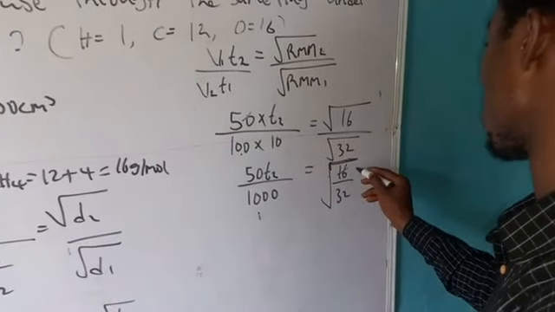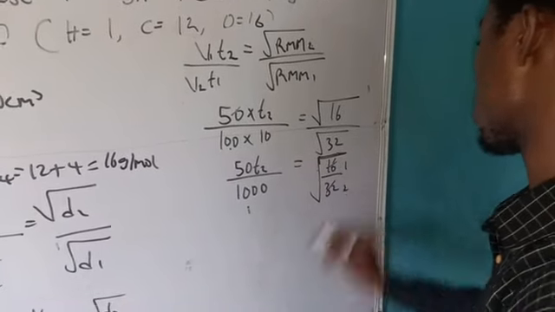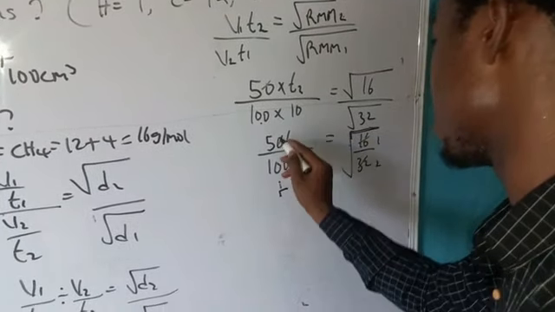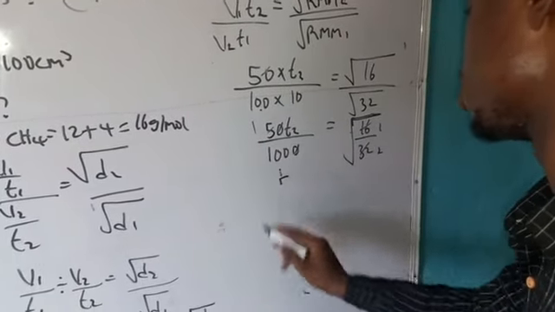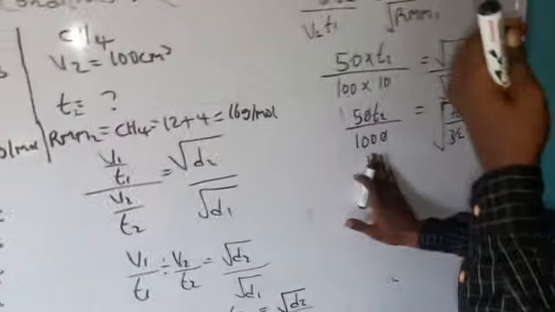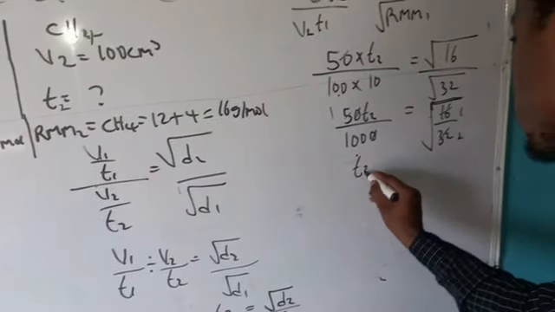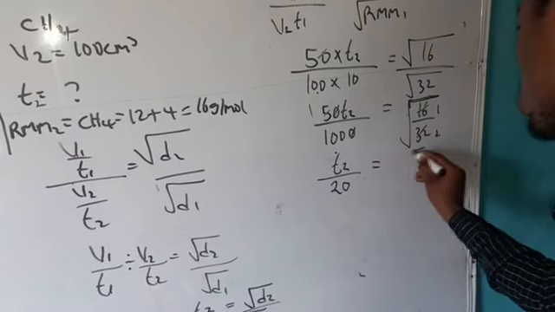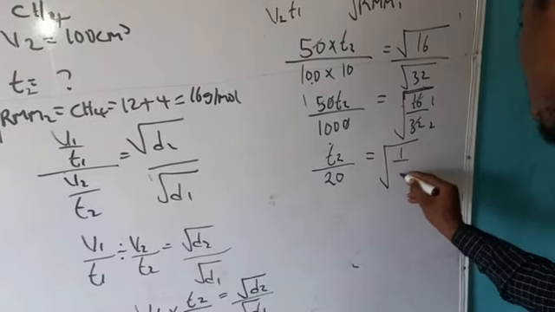So if we continue from there, 16 here will give 1, 16 there will give 2. So I can have 0 cancel 0, and then 5 here, 1. 5 in 100 will give me 20. So I'll have T2 divided by 20 is equal to square root of 1 over 2.